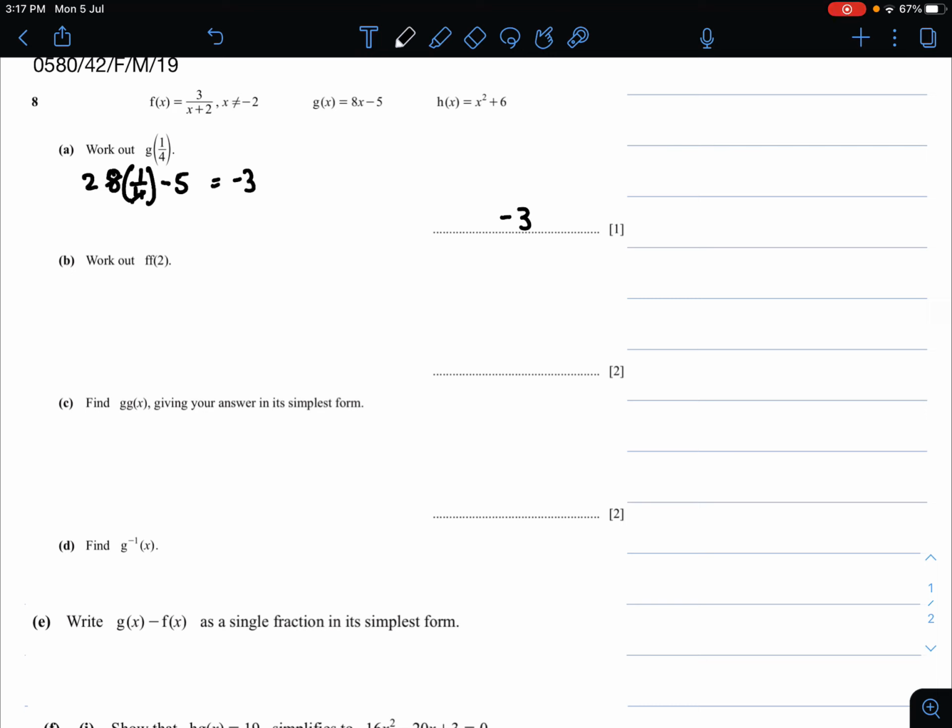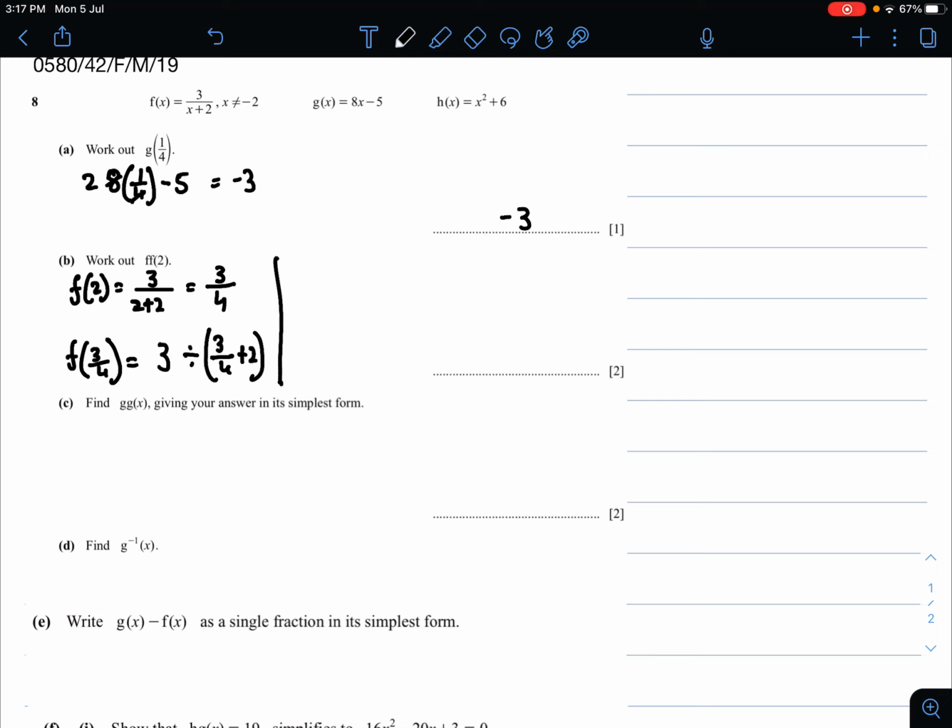So if we substitute f of 2, we will get 3 divided by x plus 2, my bad, and then 2 plus 2 is 4, so therefore 3 by 4. Now if we substitute f of 3 by 4 into the function, we will get 3 divided by 3 by 4 plus 2.